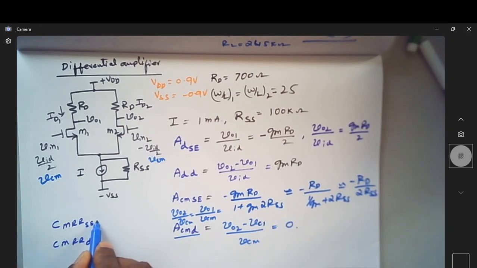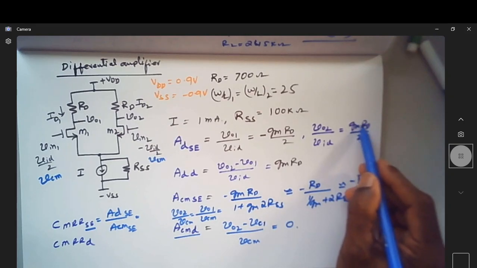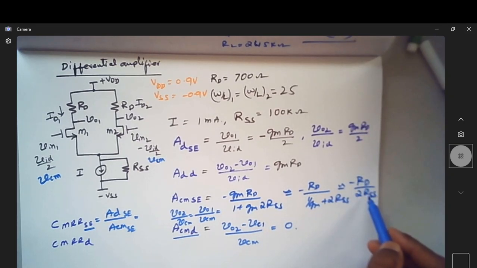And we know that CMRR is nothing but AD by AC, the differential gain to the common mode gain. Since it is measured single-ended, you can say it as ADSE by ACSE. So now it's actually GM RD by 2 divided by RD by 2 RSS.